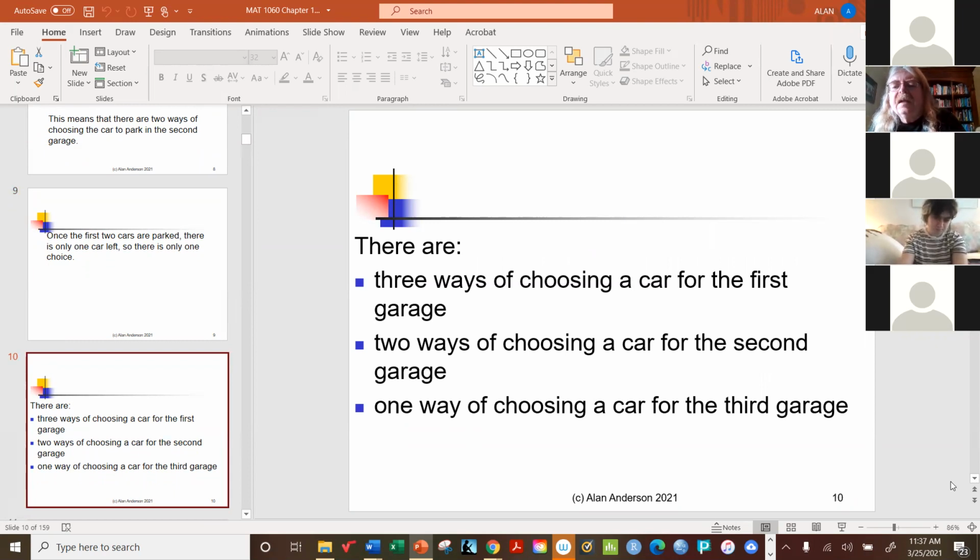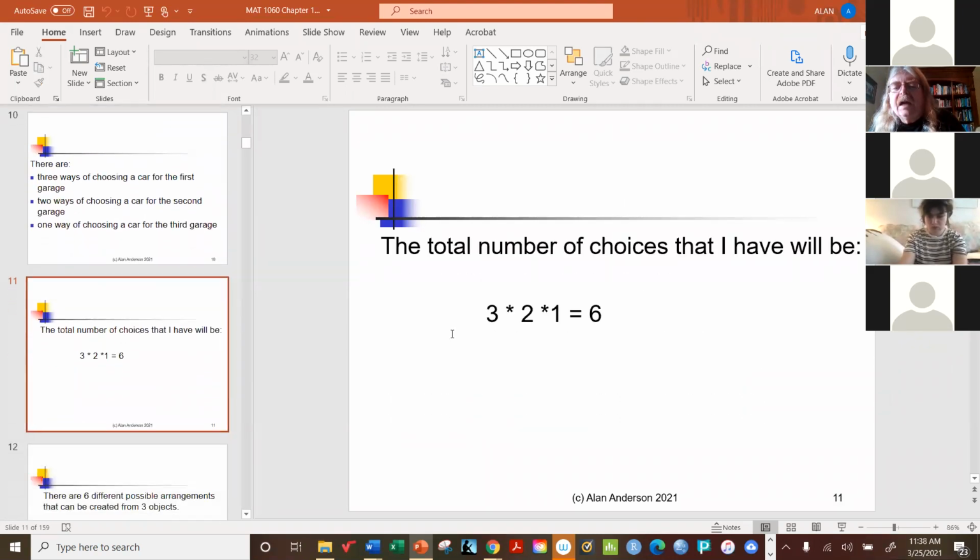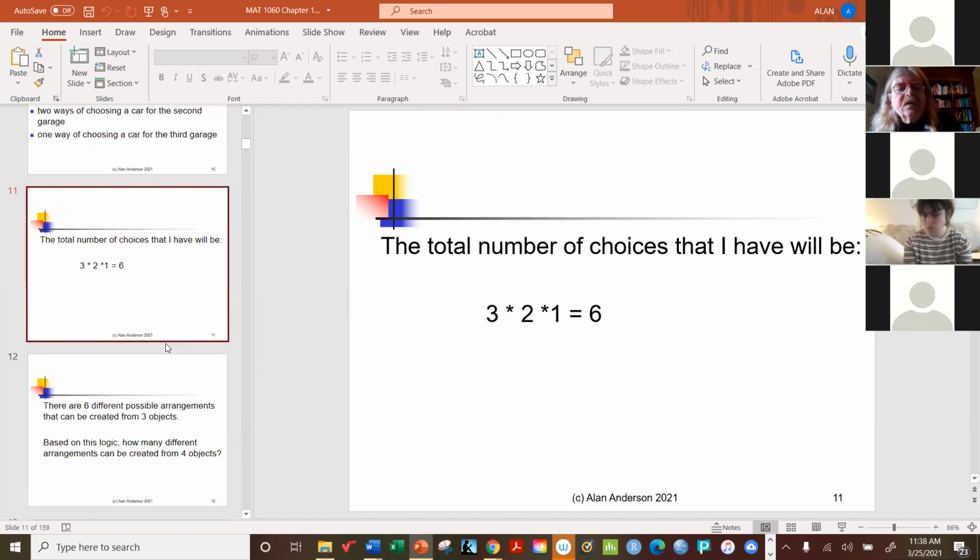If I multiply those out, that tells me that there are 6 different ways I can park those cars. Or in other words, 6 different arrangements can be created from the 3 cars. I hope that makes logical sense. With 3 objects, there will be 6 different ways of arranging them.